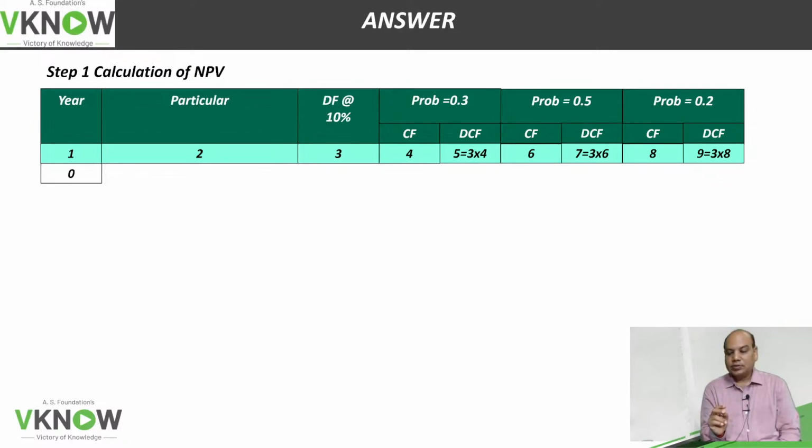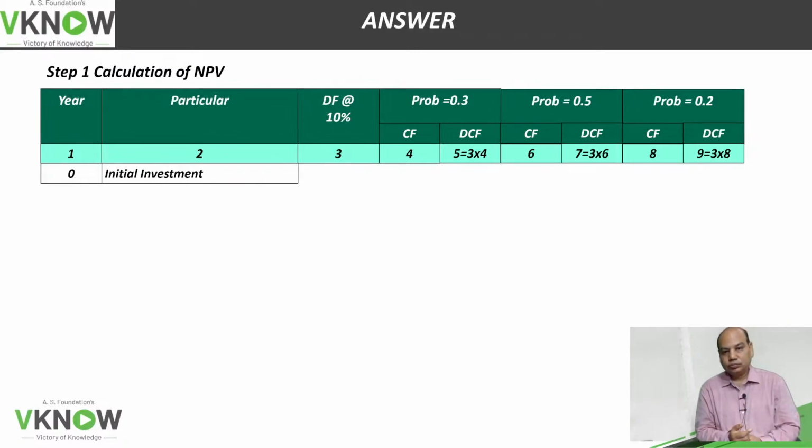Column number 6, 7 is 3 into 6. Column number 8, 9 will be 3 into 8. Column number 3 is discounting factor, which is common. So I am solving one of the very important questions of this chapter. Okay, and they can repeat in the exam also for 10 to 12 marks. So please take a calculator, pen, pencil and write.